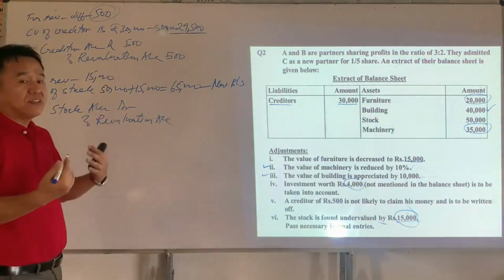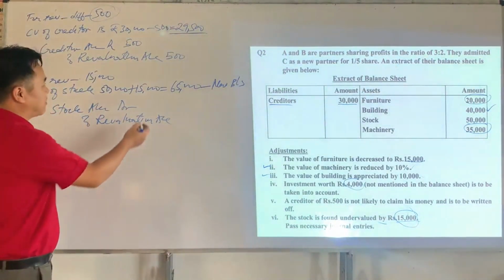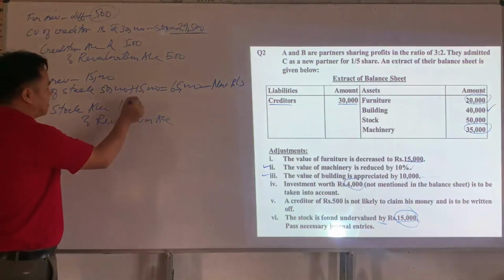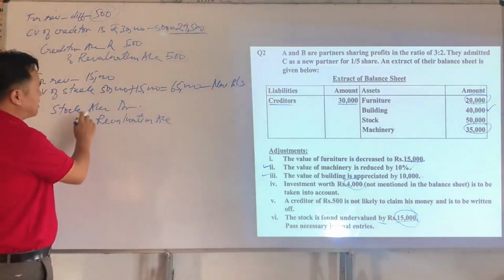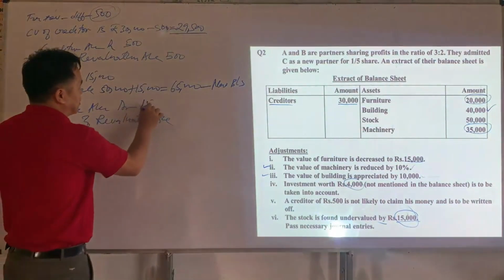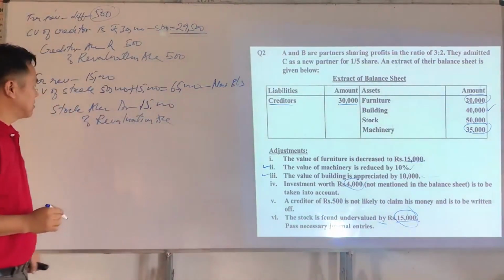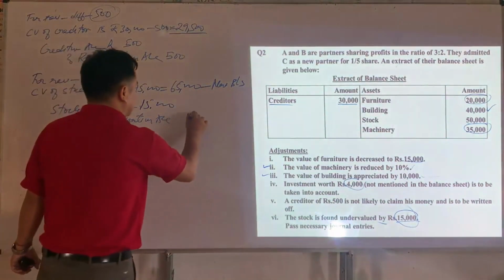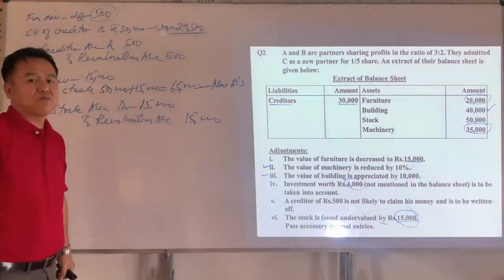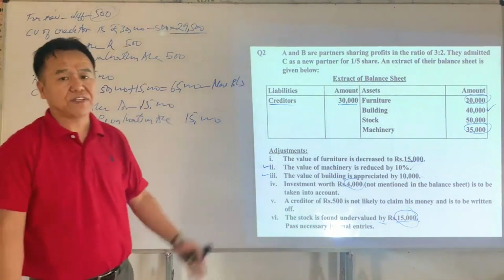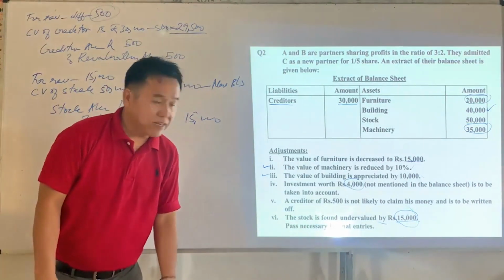If we increase the value of stock by rupees 15,000, asset will be increased. If asset increases, it should be debited. That is why stock account is debited. It is increased by rupees 15,000. So revaluation account is credited here because there is profit on account of increase in the value of stock. Is that clear for you?